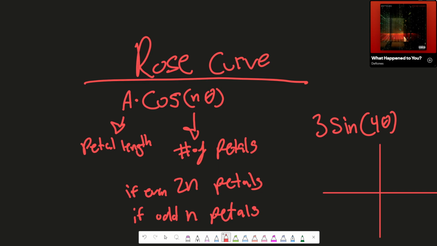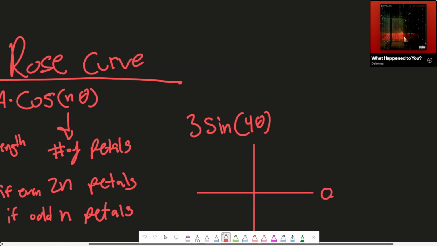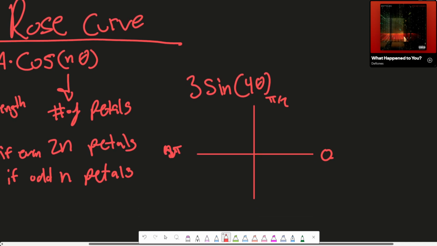So we're never going to be touching these axes, as these represent 0, pi over 2, pi, and 3 pi over 2.